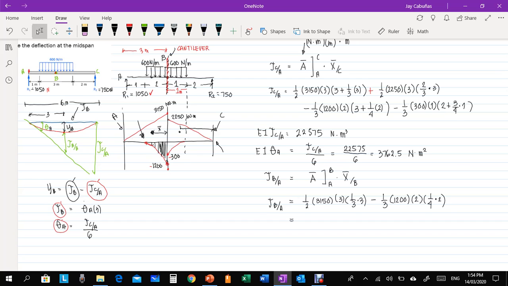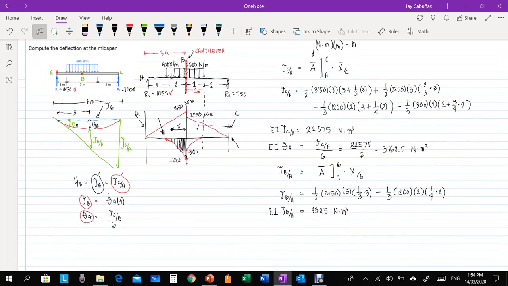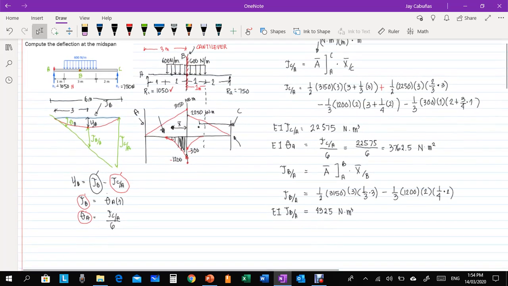Calculate. Okay, the answer should be 4,325. Again, Newton meter cubed. So we have the deviation of B relative to A, then we have flexural rigidity EI. Okay, so have we already computed all the required variables to get the deflection at the midspan?